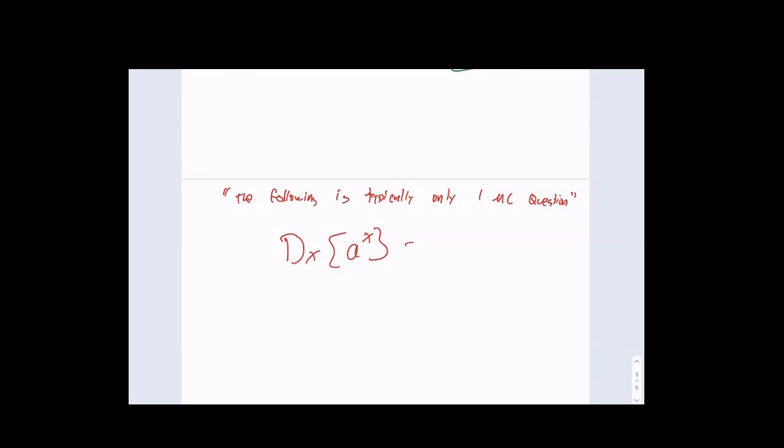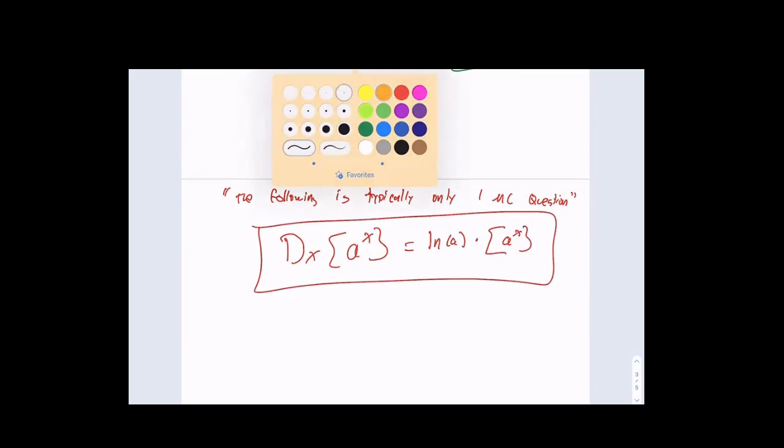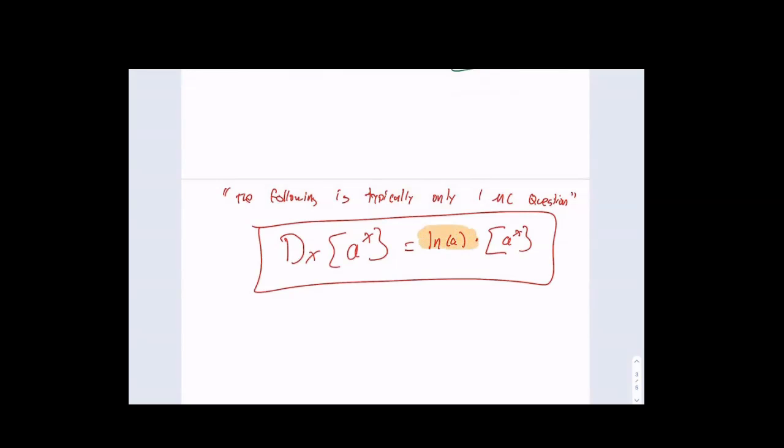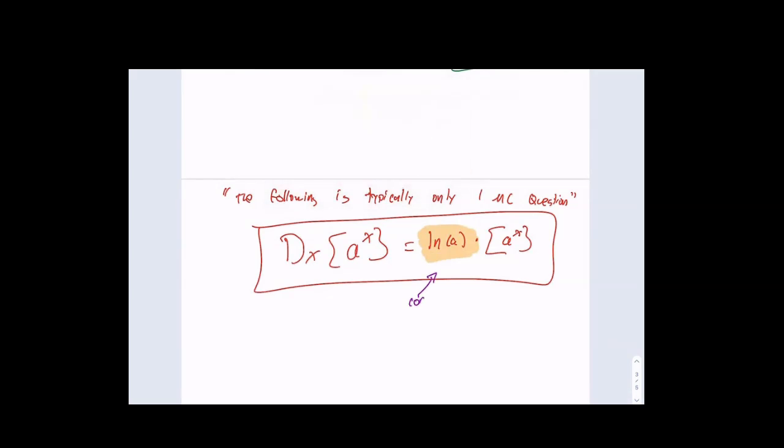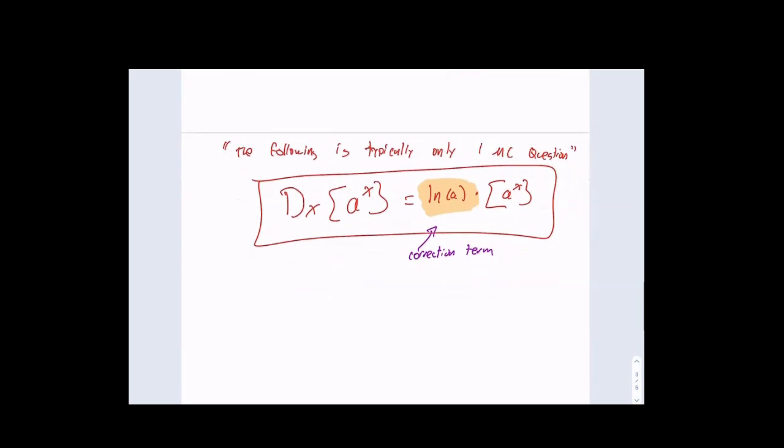But the derivative of a to the x is, we just put an extra natural log of a times a to the x. That's it. So the only difference is it has this correction term that's out in front. So you can do all the normal stuff you did times natural log of a.